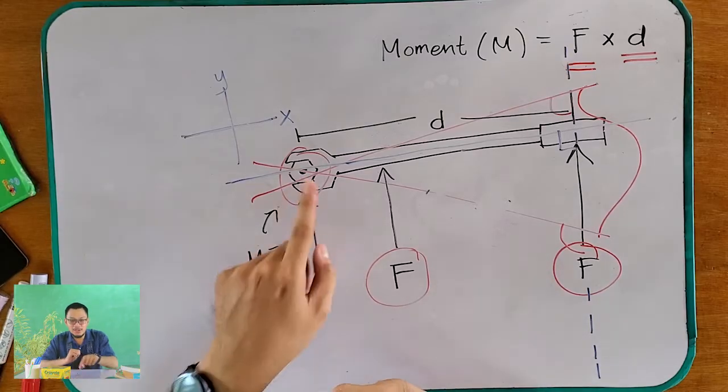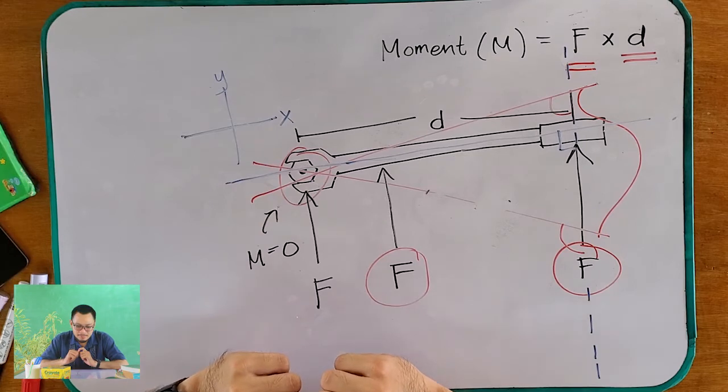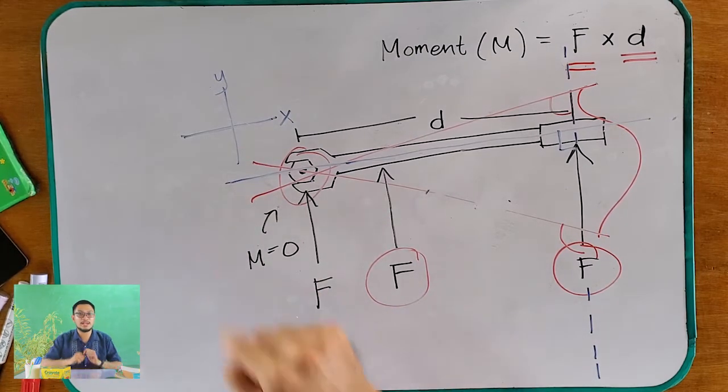Therefore, this one creates a zero moment. So when the force goes along the moment axis, when your force and your moment axis coincide, then you can immediately say that the moment created by that force is zero.